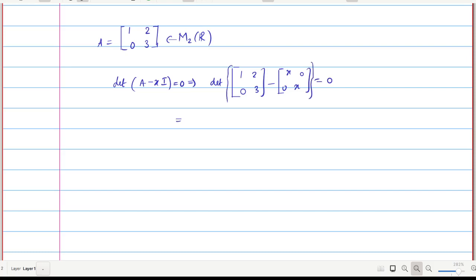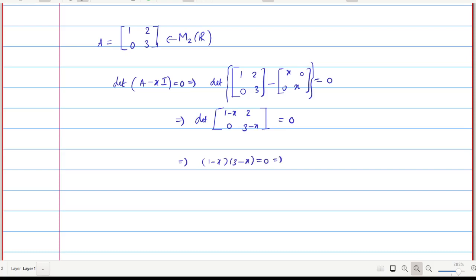Then that would imply that the determinant of the matrix with entries 1 minus x, 2, 0, 3 minus x is equal to 0. Consequently you get 1 minus x times 3 minus x equal to 0.